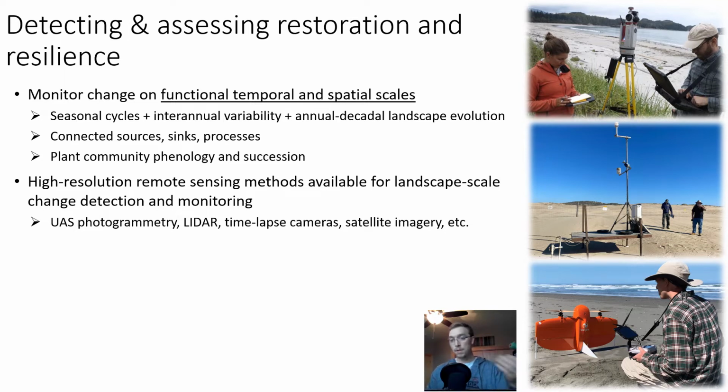And the time it takes for that light energy to bounce off of something and come back, and the angle at which it does that, lets us know not only where it was, but how high it was relative to the laser. So we can reconstruct these landscapes almost perfectly using these methods. Now we also use things like time-lapse cameras and satellite imagery, like we talked about towards the beginning of class. If we think back to Landsat and some of those satellites that we talked about.